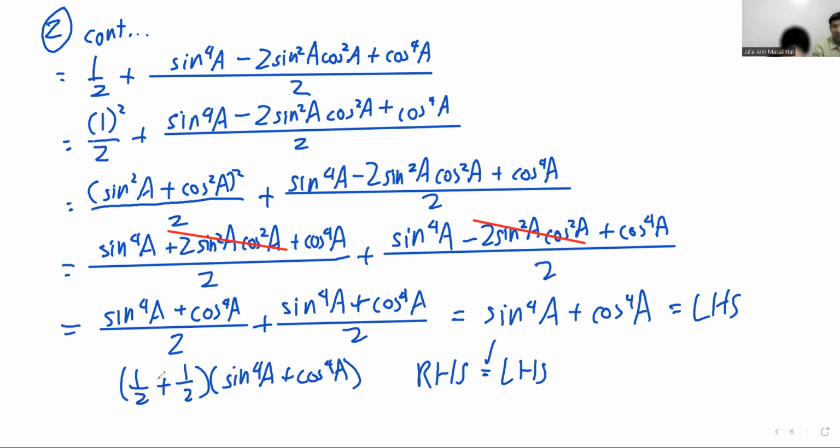Or it can also be like this: it can also be two times sine a to the fourth power plus cosine a to the fourth power over two. And then finally, we accelerate. So there will be one times this one plus this one.